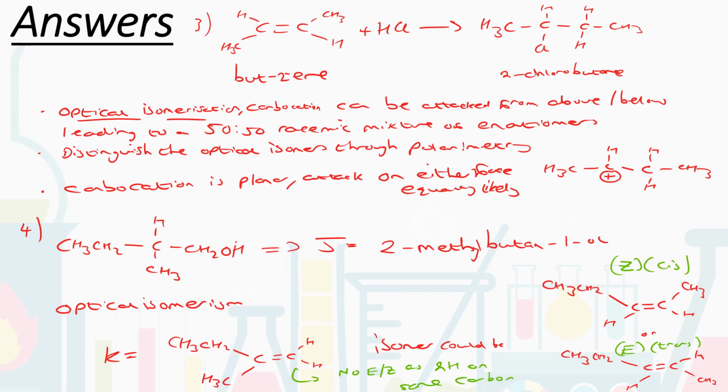So the alkene in the question has 2 hydrogens attached to the 1 carbon. That doesn't exist as stereoisomers. There's no EZ isomerism possible there. But if we rearrange the connectivity of these atoms such that we put the CH3 group onto the other carbon, then we can either have the ethyl group and the methyl group both above or below, that's the Z isomer, or one above, one below on opposite sides, and that's the E isomer.